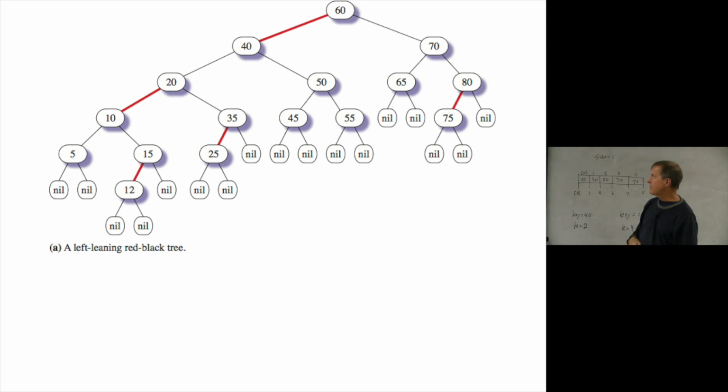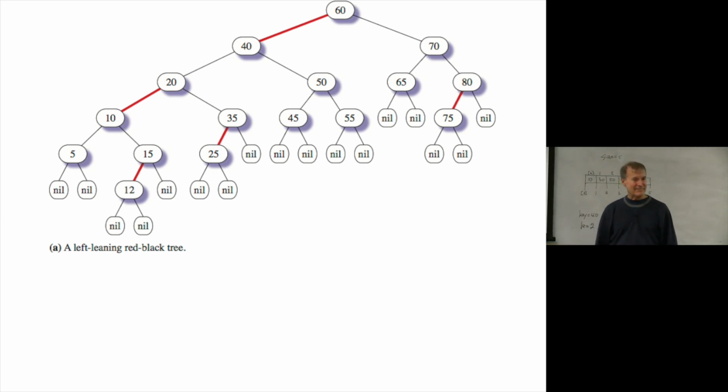Good, the black height is 3. Because when you count the black, when you go down to a nil, you don't count the red links. So the black height is 3. No matter which nil you go to from the root, it's 3. Now the existence of those red links means what? That the leaves are not all at the same level. Some are up, some are down.